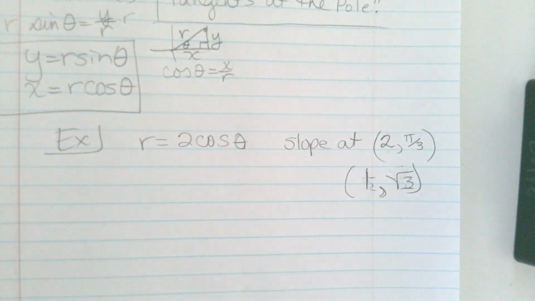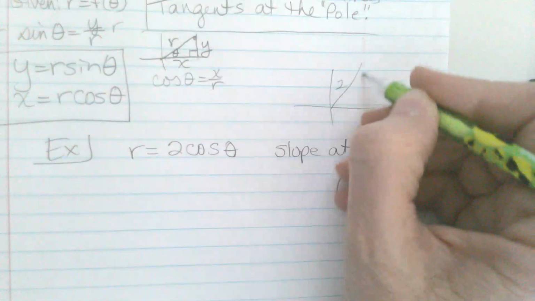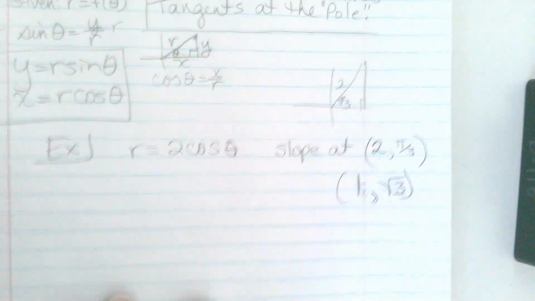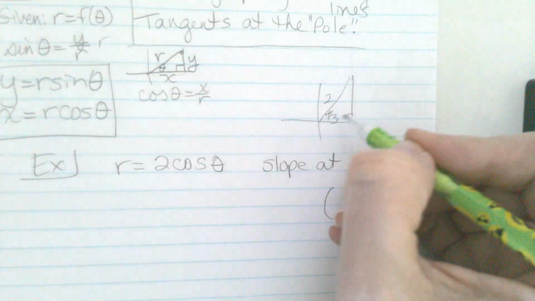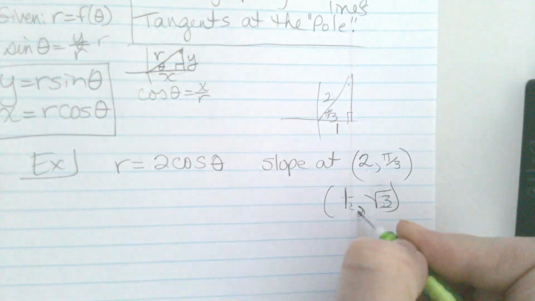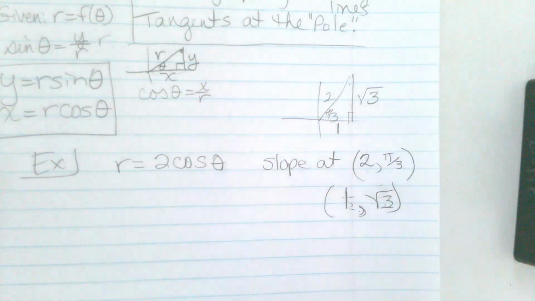So what if they didn't give us the polar point, they gave us the rectangular coordinates? Just convert it. Honestly, if they gave you the polar point and it was a nice special angle, pi over 3, couldn't you figure out that that's a 30 up there and the x value would be 1 and the y value would be root 3, or vice versa?